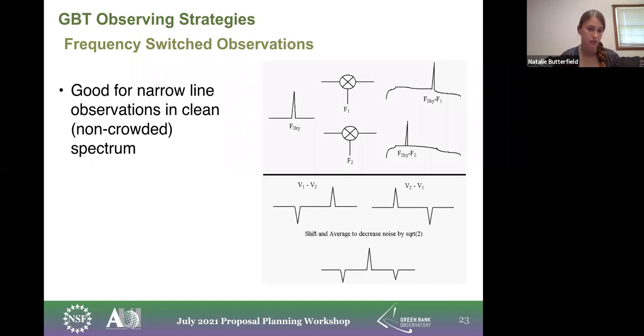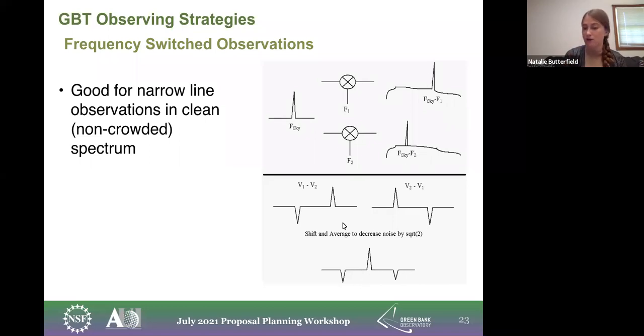So to go into the background on what each of these are doing. For frequency switched observations, typically you want to use these if you have narrow line observations that have a relatively clean spectrum. If you have multiple lines or a large forest of lines, then you probably do not want to do frequency switched observations, because you will be getting almost negative lines in your signal, where you've subtracted your differences in where your line's located.